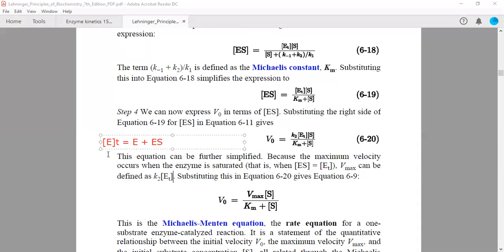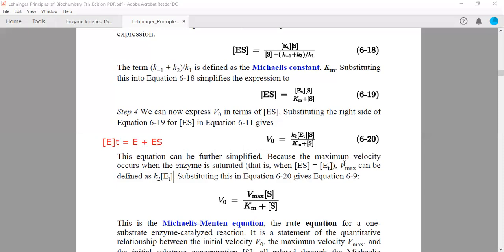But suppose all the enzyme is saturated, then you can assume the free enzyme will be very negligible, so you can neglect this value. Therefore this total enzyme concentration will be equal to Es. This Es is equal to Et when the enzyme is saturated with substrate.